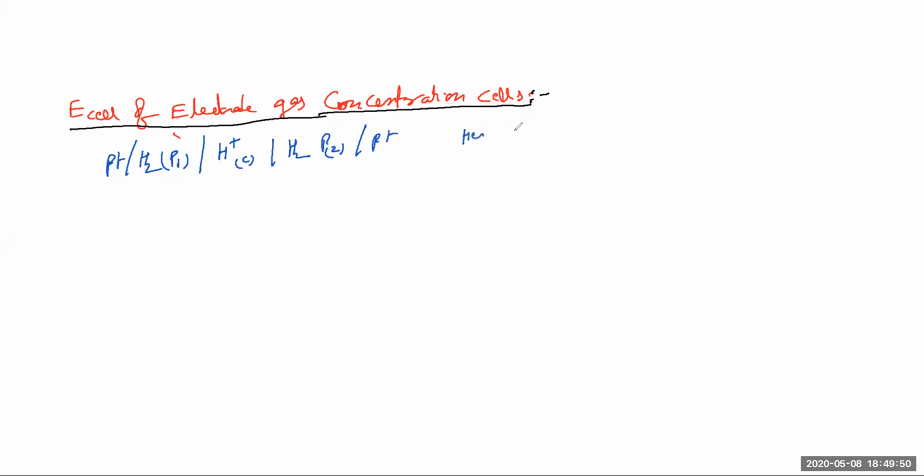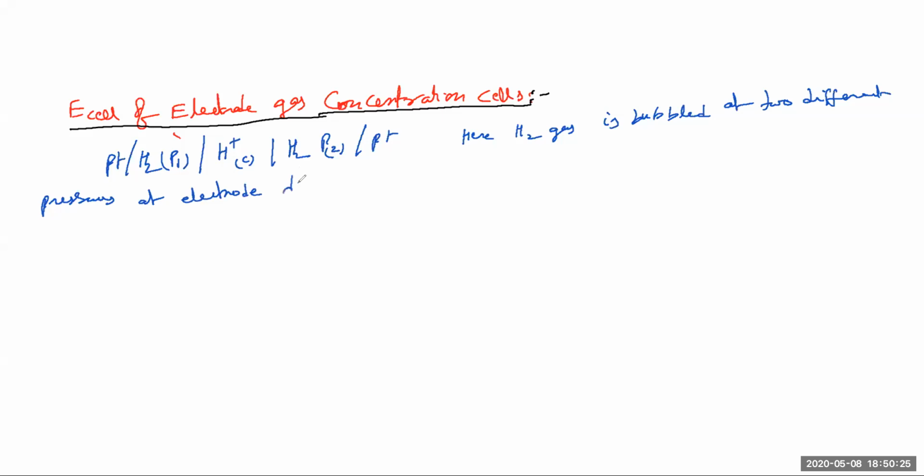Write down: hydrogen gas is bubbled at two different pressures at electrode dipped in the solution of same electrolyte.